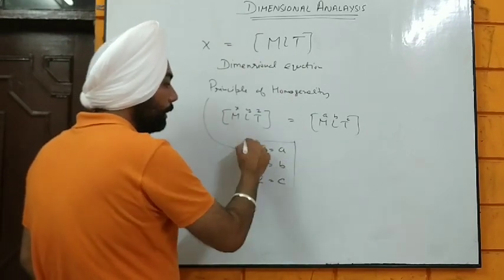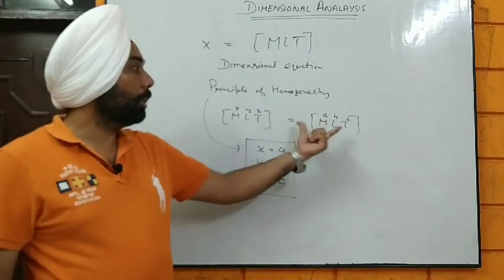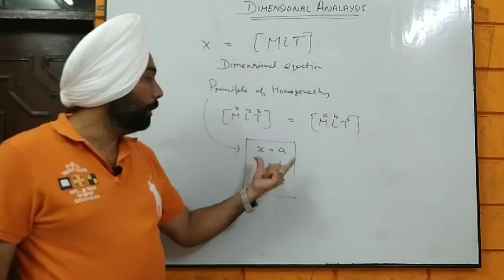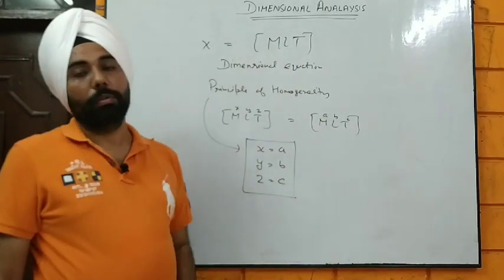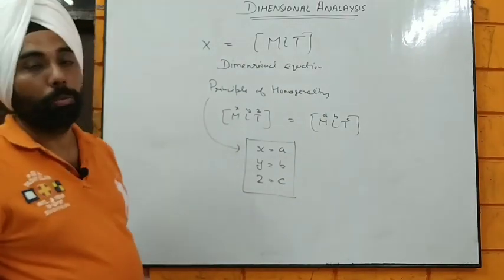So if two dimensional formulas are equal, then the powers of mass, length and time should be equal. That is the simple principle of homogeneity.